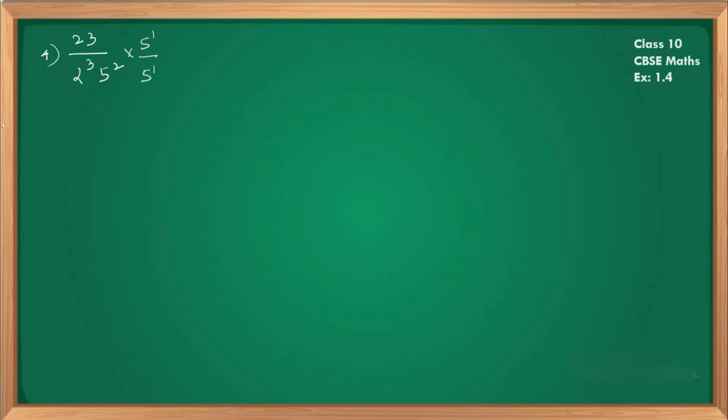Now this gives you 23 divided by 2 cube into 5 square into 5 to the power 1.